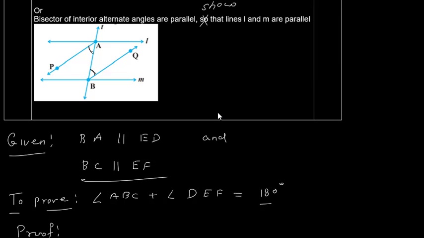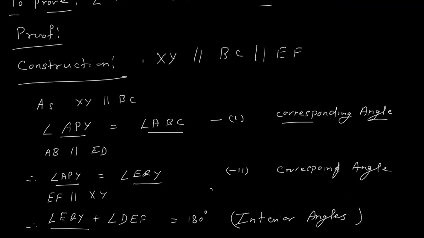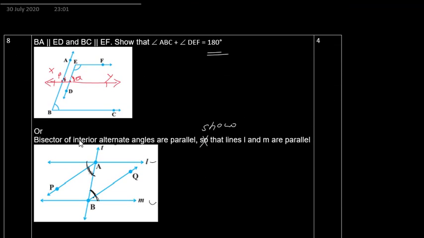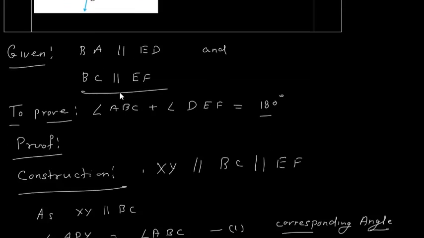So double of this angle will be equal to double of this angle. So this whole angle and this whole angle are equal. Now these two angles are alternate angles for lines L and M. So as alternate angles are equal, these two lines are parallel. I hope now you can write the proof of this by yourself. There is no need that I show you the proof. Only one question was asked, so I have shown you how to solve the one question.